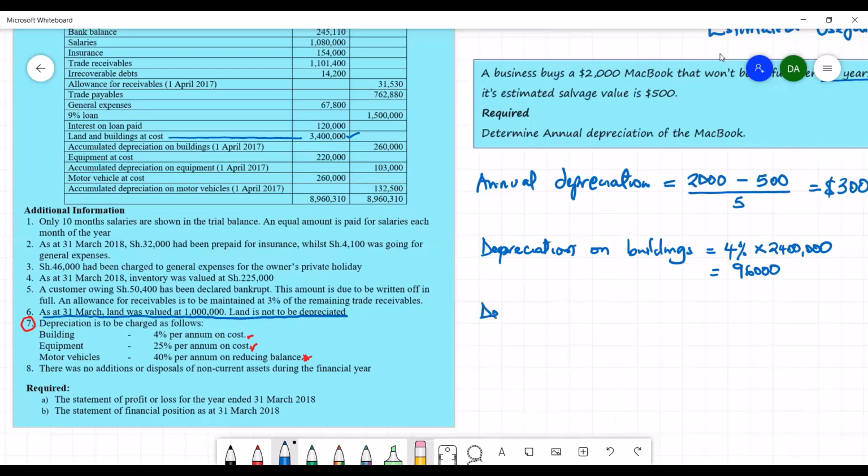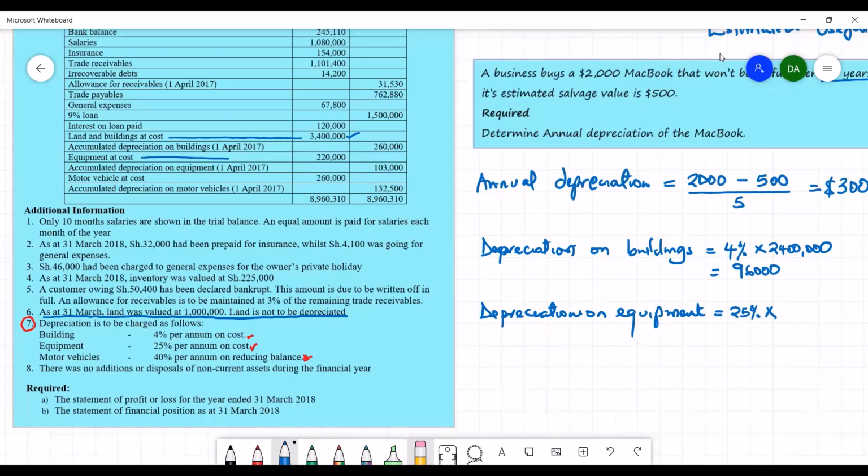Then depreciation on equipment equals 25% times the cost of the equipment.